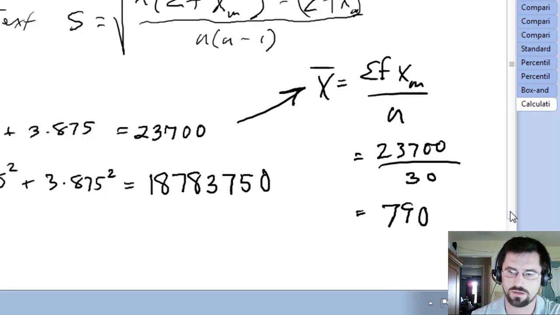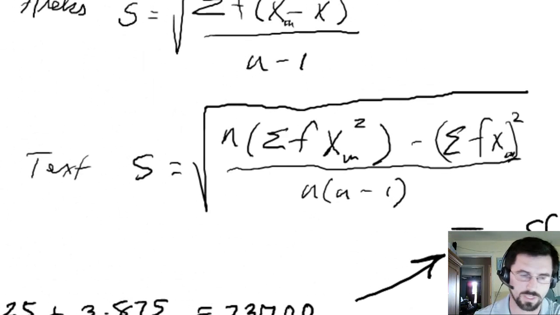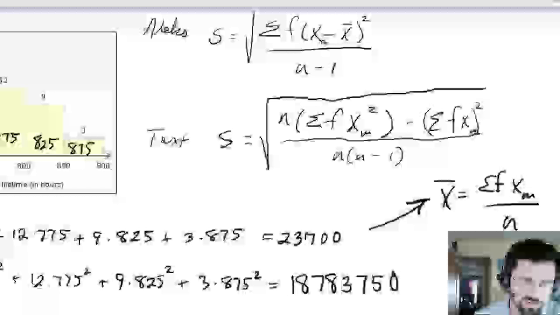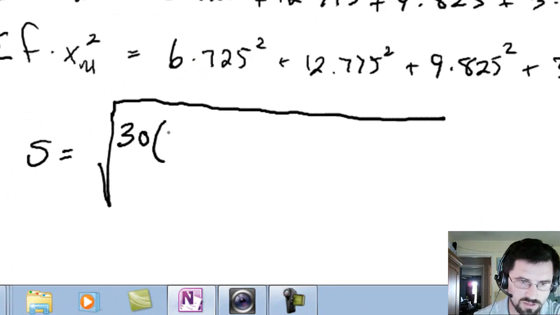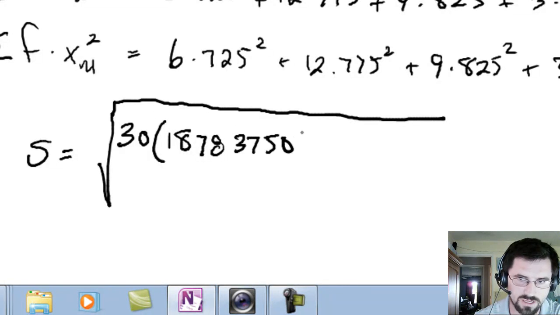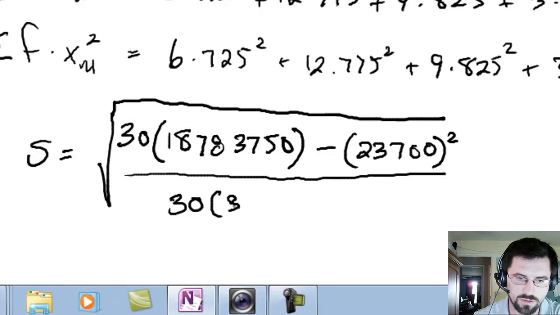That gives 790. Okay, continuing with the textbook formula, we can now solve everything by putting in the values. N is 30. The first value is 18,783,750 minus 23,700 squared over 30 times 30 minus 1, which is of course 29. So we're going to type that into the ALEX calculator.